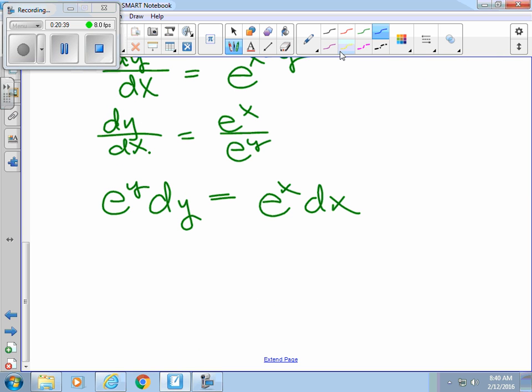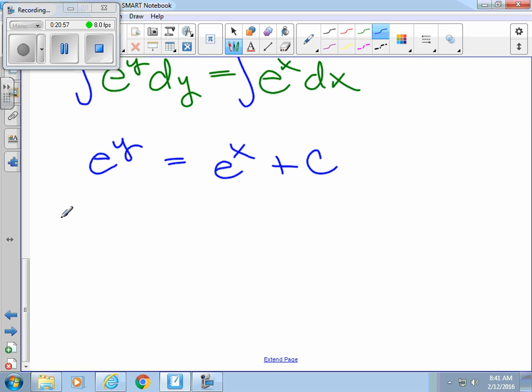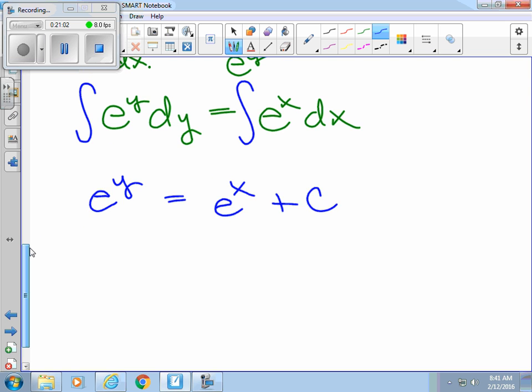What is the next step after you get the variables separated? Integrate both sides, because it gets rid of that differential. So I get e to the y equals e to the x plus c. Remember, I don't need a c on both sides, but I do have to have a c.